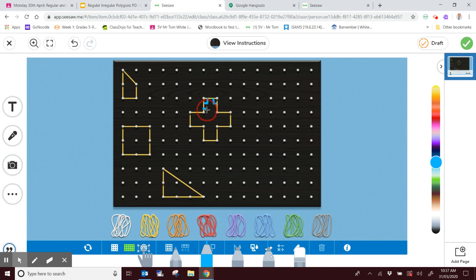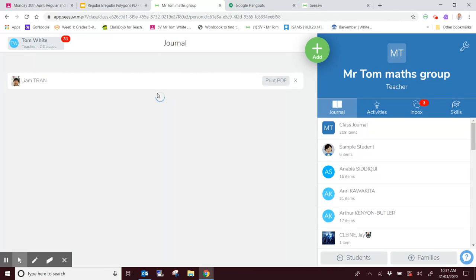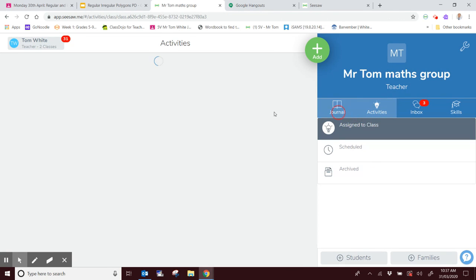However, this interior angle here, from this point to this point, is a reflex angle. So that makes that shape irregular. Okay, this one is irregular, this one is regular, this one is irregular, and this one is irregular. So you've got 3 irregular and 1 regular. Okay, you can delete those off there, Liam, when you're making your checks.